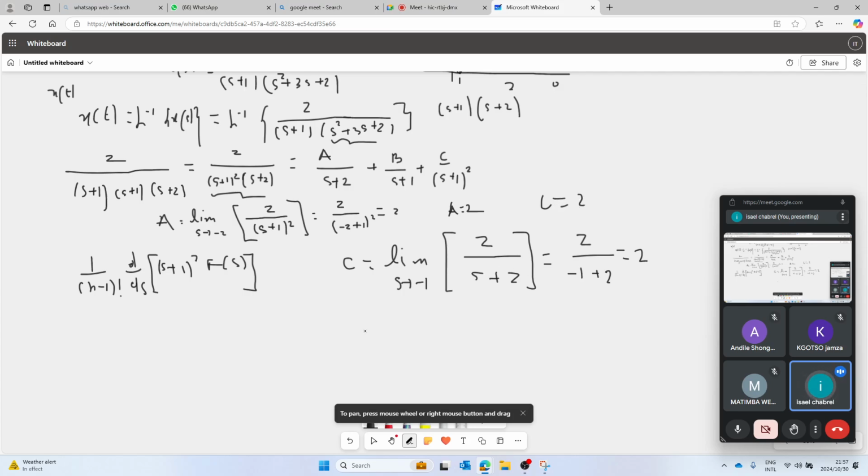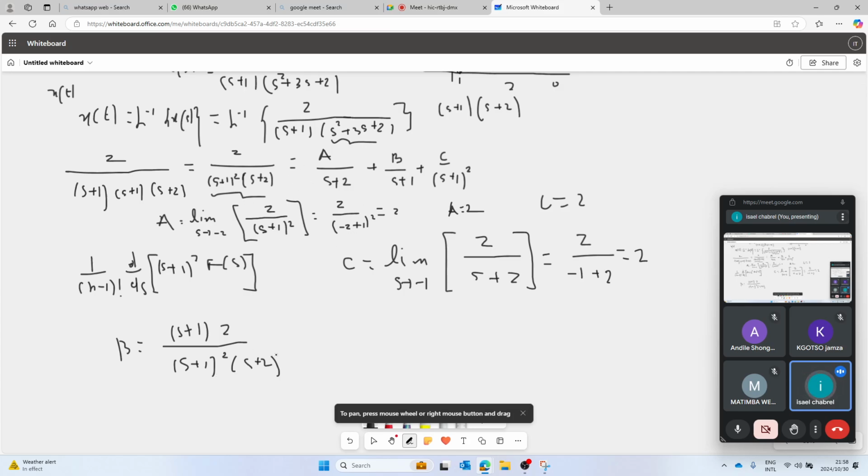Now here's the problem, Mr. Kotso. If you do it for B, if you bring s plus 1 on top here, multiplied by 2, divided by s plus 1 squared, here you have s plus 2. The reason I'm writing like this is what we've been doing: for C we cancelled out, for A we cancelled out.